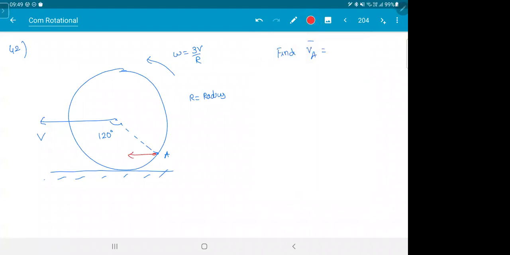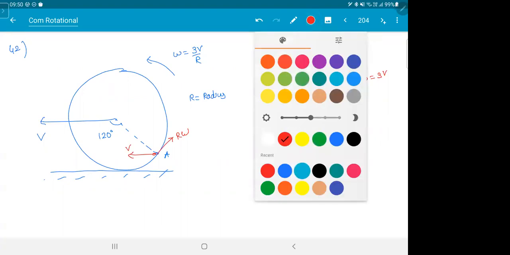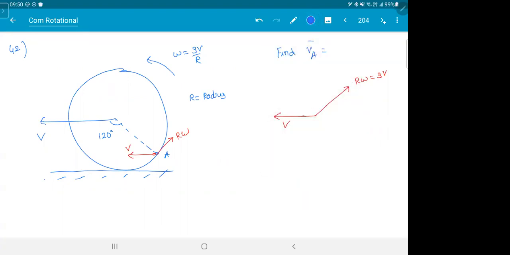This point will have V this way and r omega this way. Rotation is this way, no? So we have V plus r omega, which is 3V. What about the angle? So this is 120, na?